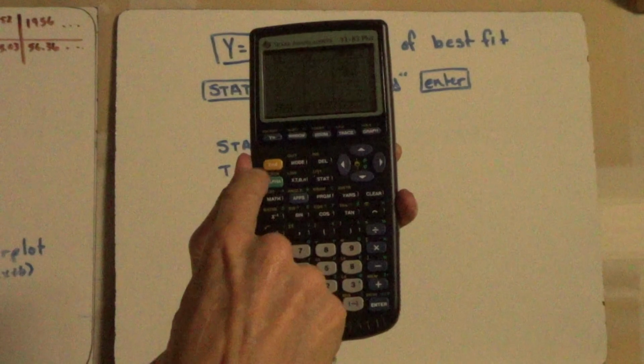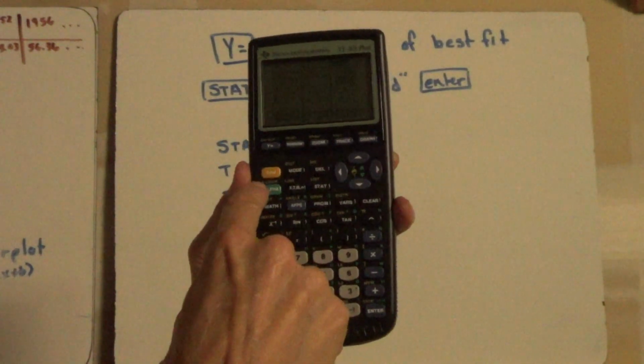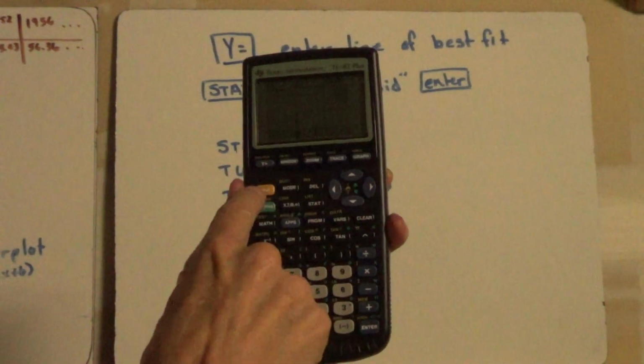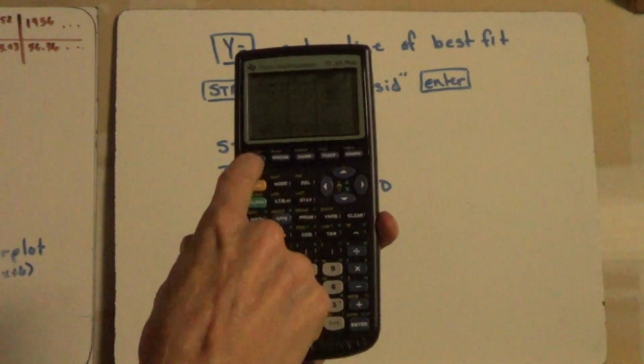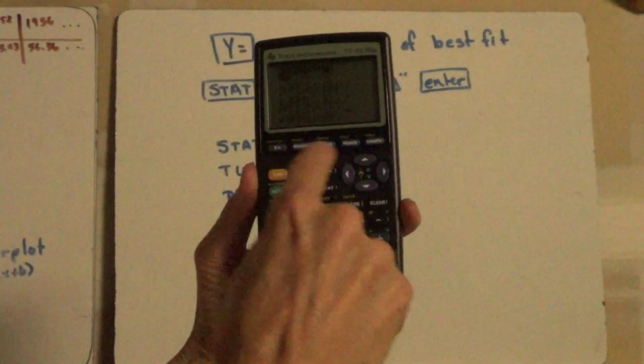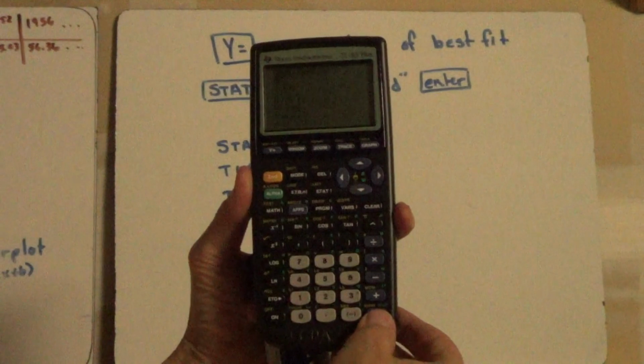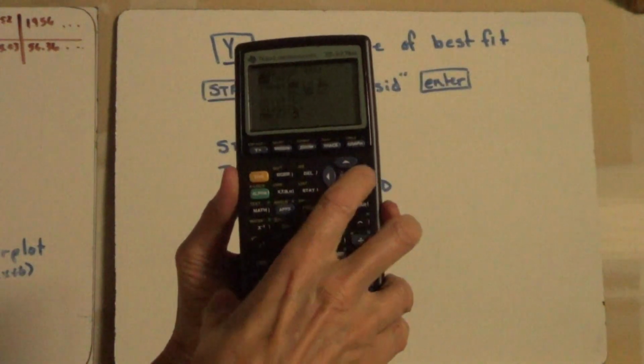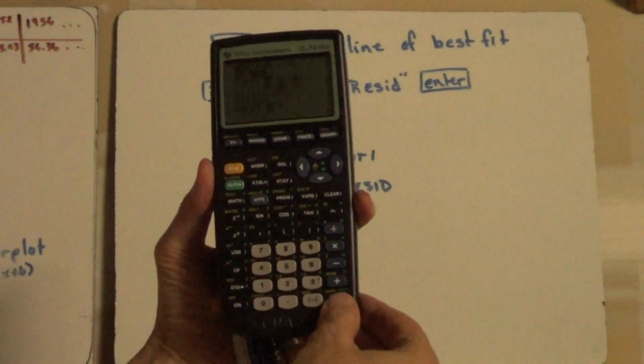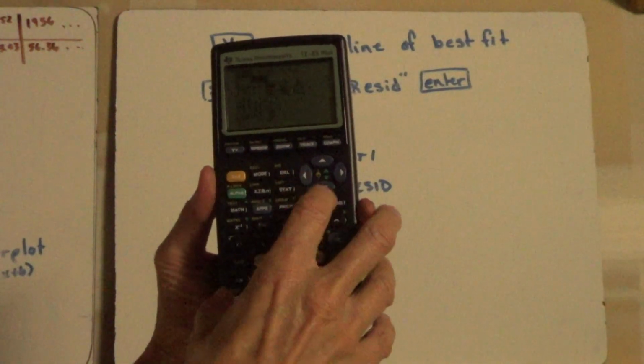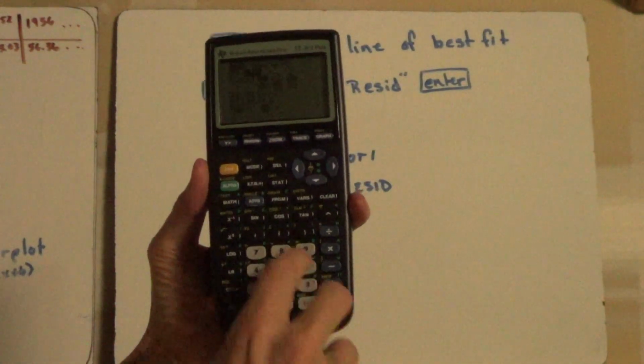and now we go to, let's see, what do we want to do? Stat plot again, and this time go into your first plot and turn that one off. Enter.